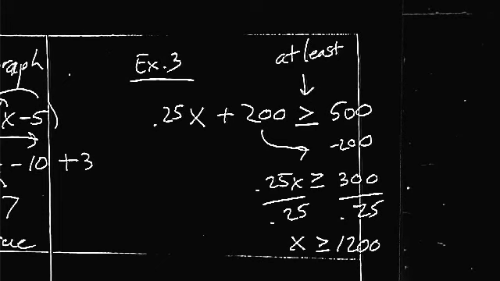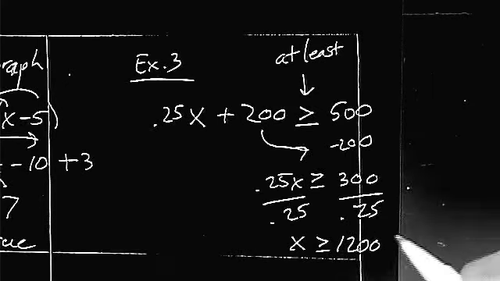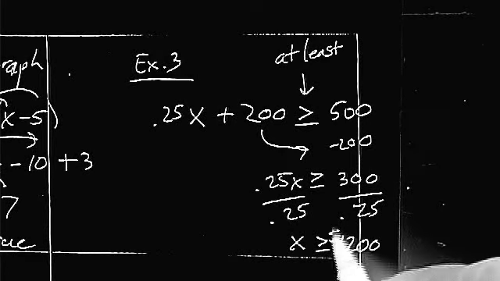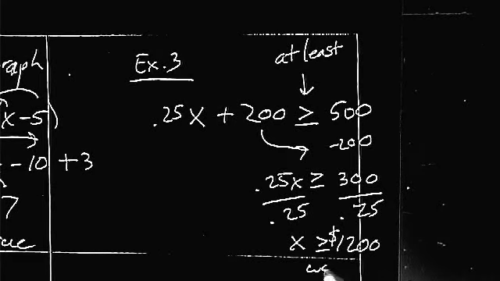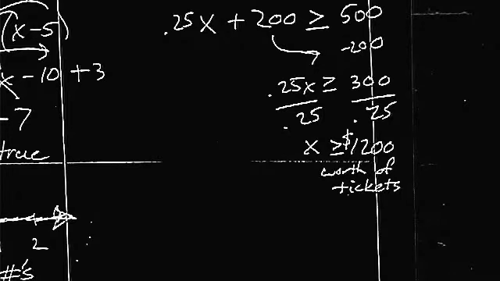Now, that's not necessarily true. It's $1,200 worth of tickets. In other words, if each ticket was worth $5, obviously it's not 1,200 tickets.